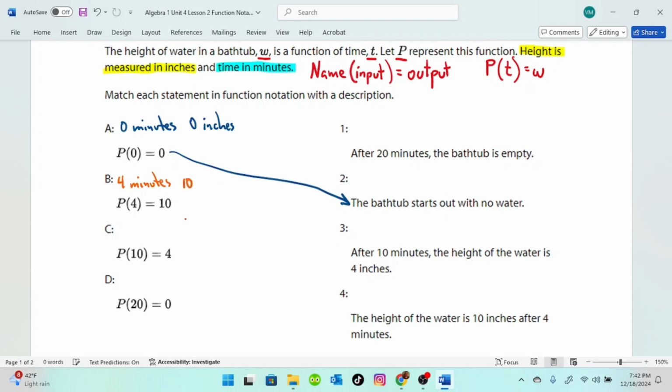So we have 10 inches. Now I look through my descriptions, and what I see when I look at number 4, the height of the water is 10 inches after 4 minutes. So B matches number 4.